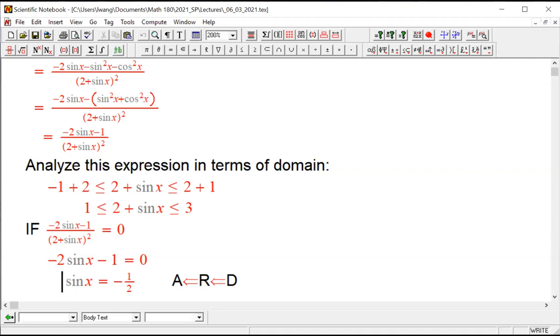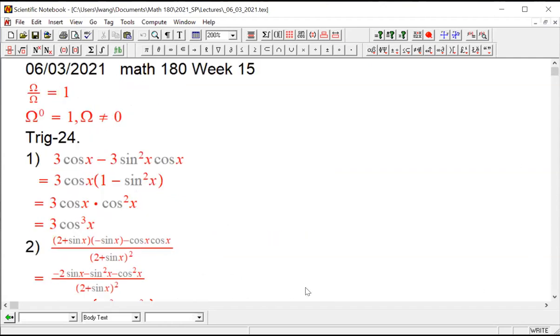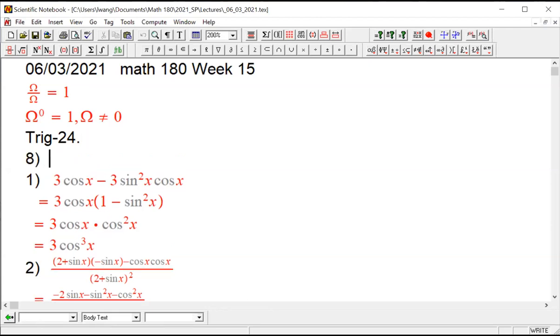Okay, let's try another one. Say number 8. How about number 8? We have complex fractions here. Yeah, that happens.